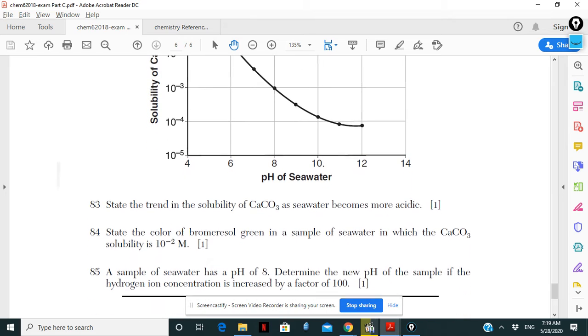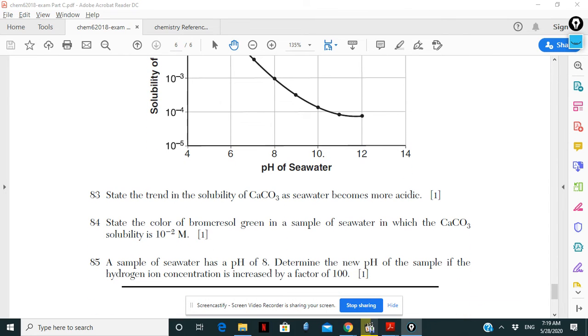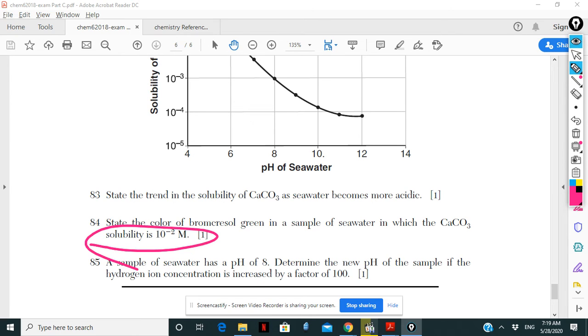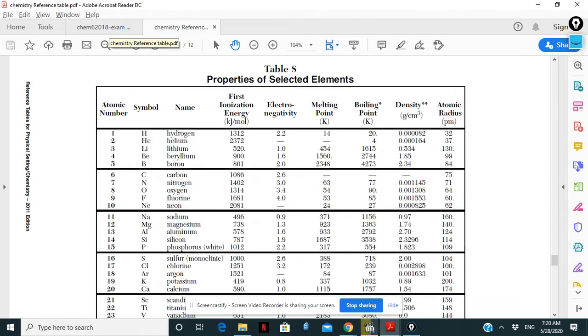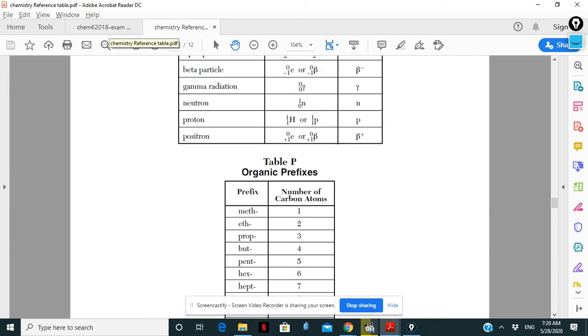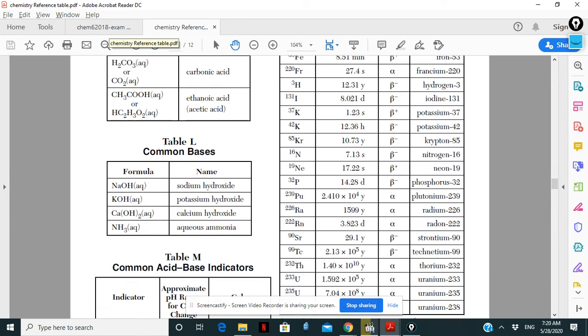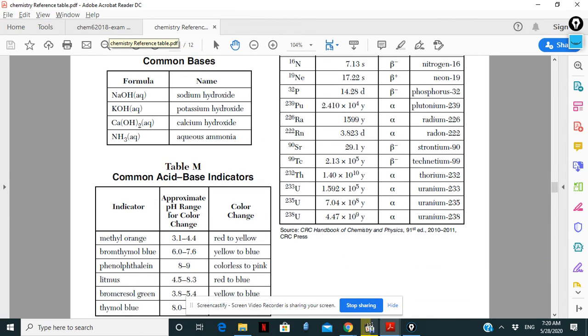The second part: he wanted to know the color of bromocresol green in a sample. First, I have to know the solubility, so it's 10 to the power negative 2. So the pH is equal to 2. Now I'm going to the reference table, trying to find bromocresol blue.